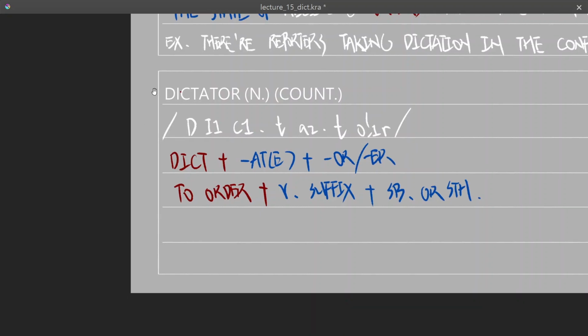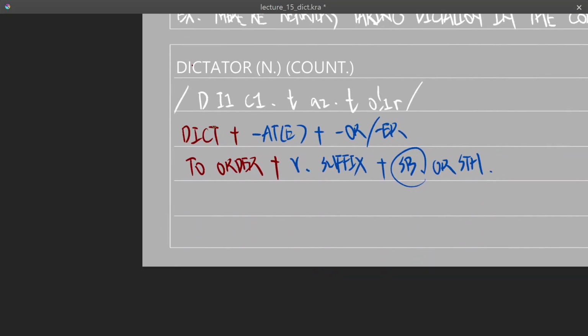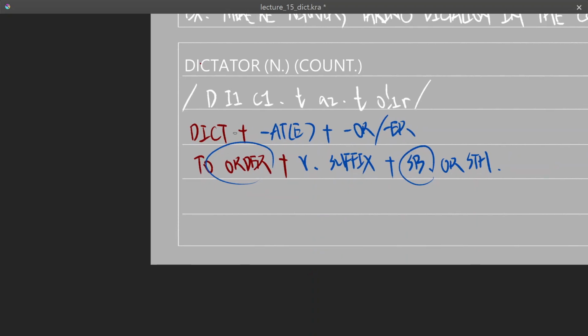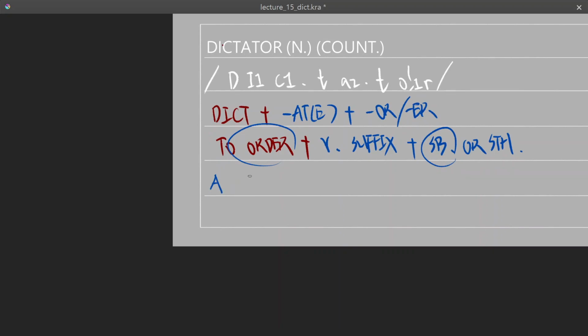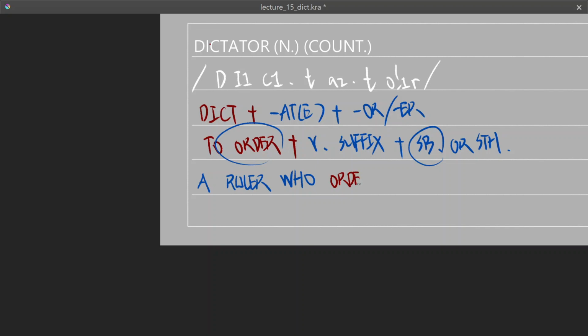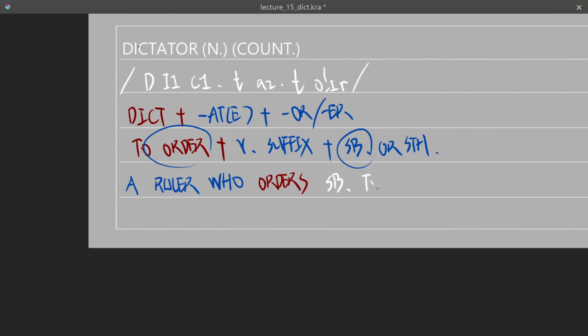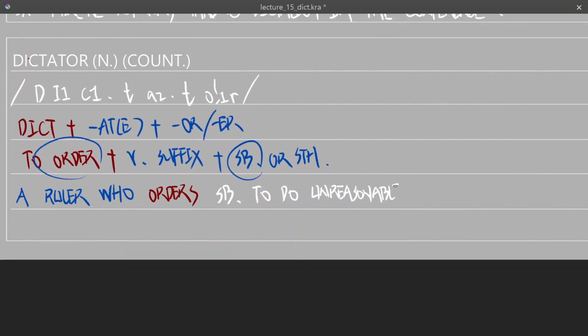Dictator. Alright, so dictator literally means what? It means somebody, especially a ruler, who orders somebody to do unreasonable things.